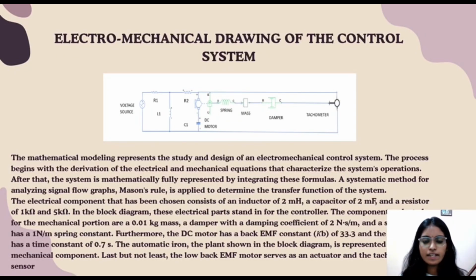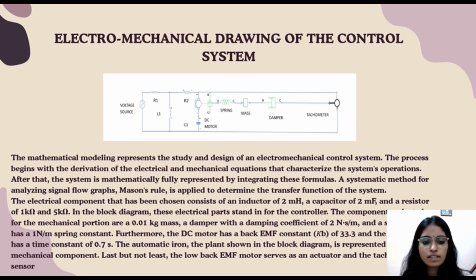My name is Shalini Bargunan and my matric number is B122310531. Now I'm going to explain the electromechanical drawing of the control system. The mathematical modeling represents the study and design of an electromechanical control system. The process begins with the derivation of the electrical and mechanical equations that characterize the system's operation.